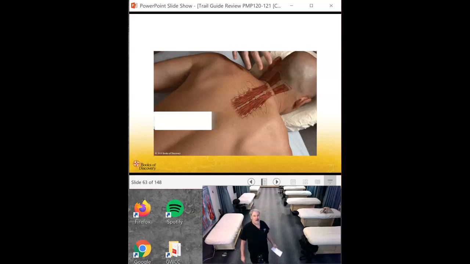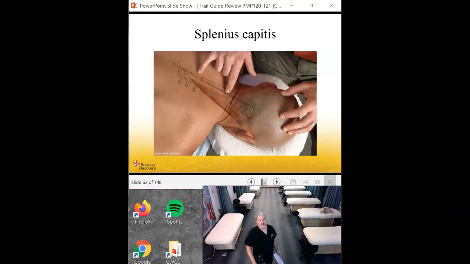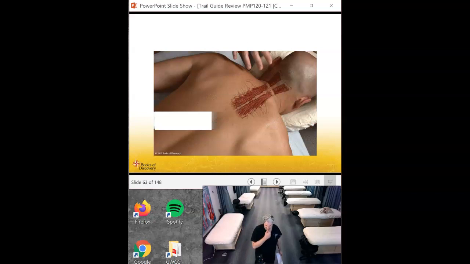Right, hello. So this is the splenius capitis? Well, that's the splenius capitis. Oh, my bad. I wrote those. You were in the right area, right?